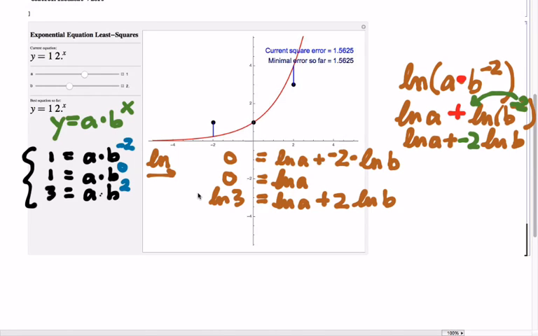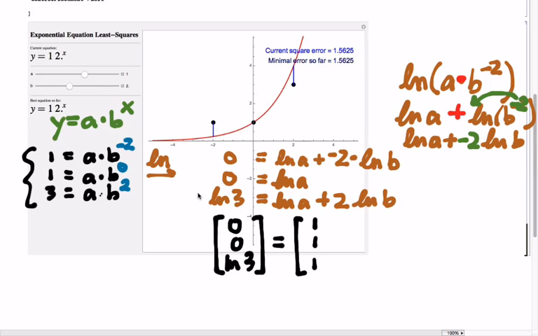And so when I set up my system, what I end up with is as my right-hand vector 0, 0, log 3. And now the coefficients that I get here, -2, 0, 2, are no longer coefficients of A and B, but they're coefficients of natural log of A and natural log of B. So when I solve this system, my solutions are not the coefficients, but they're actually the natural logs of the coefficients that I was looking for.